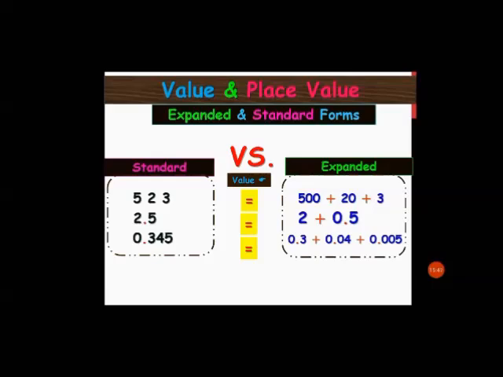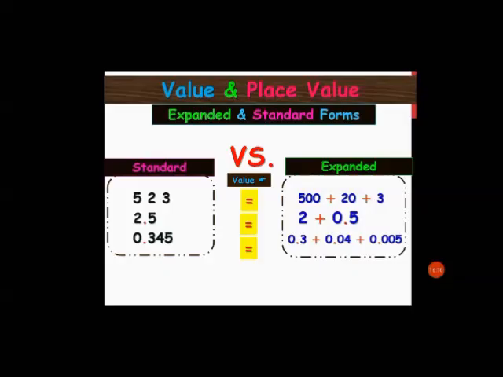And then we write the value of 3. So in order to find the expanded form for any number, we have to deal with the values of these numbers. So we just insert the value of each digit of this number, and by this way, we can reach the expanded form.